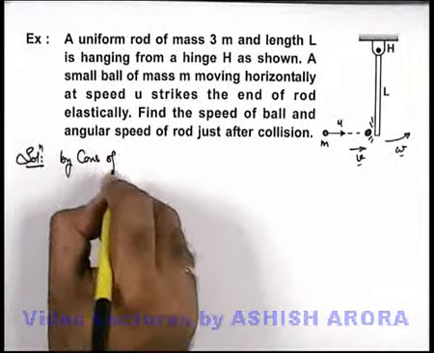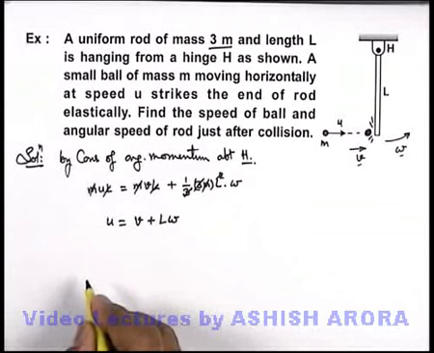Here, m and m get cancelled out, 3 also gets cancelled out, and L also gets cancelled out. We can write u is equal to v plus L omega. This is the relation we get by conservation of angular momentum.